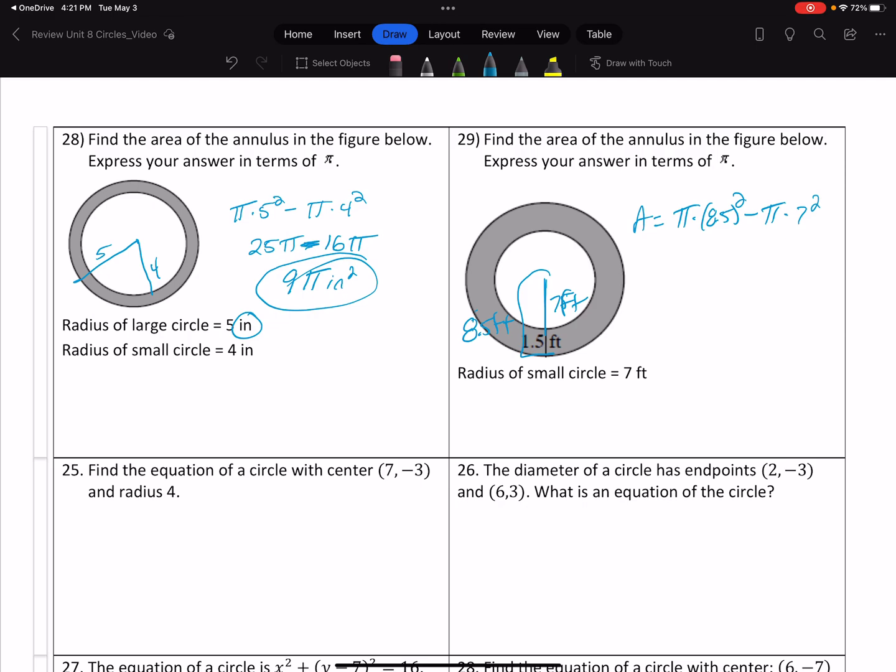So that's going to be, area is going to be 72.25 pi minus 49 pi. Area is going to be 23.25 pi feet squared. And that's it for D.